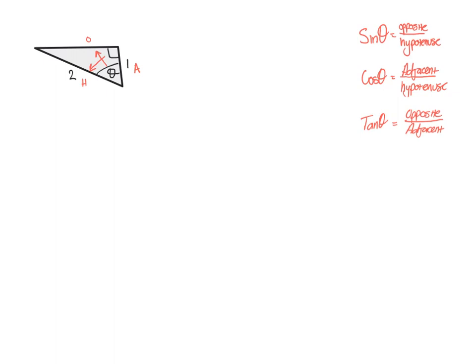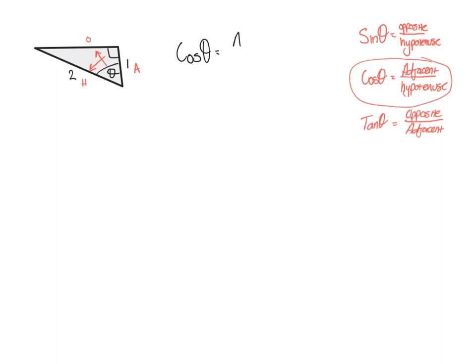So we're looking for a ratio that involves the hypotenuse and the adjacent. So for this, we are going to be using the cosine function or the cosine ratio, hypotenuse and adjacent.